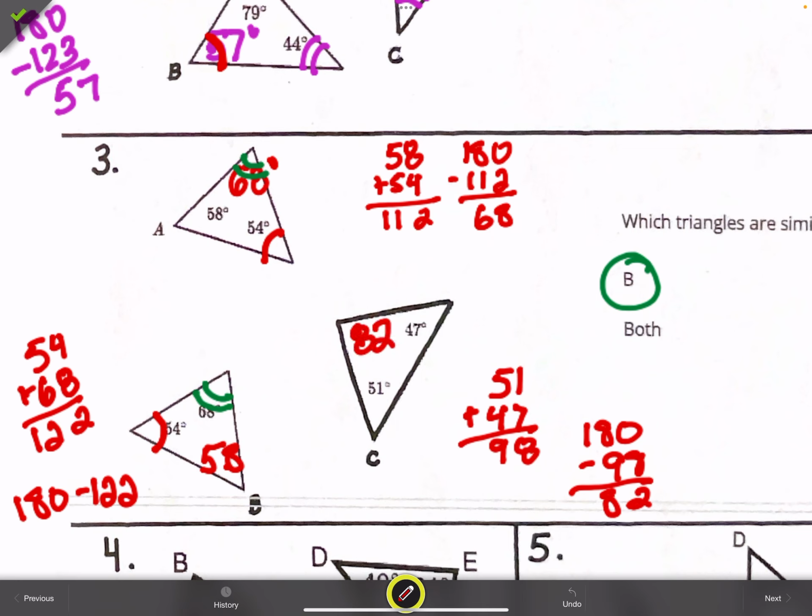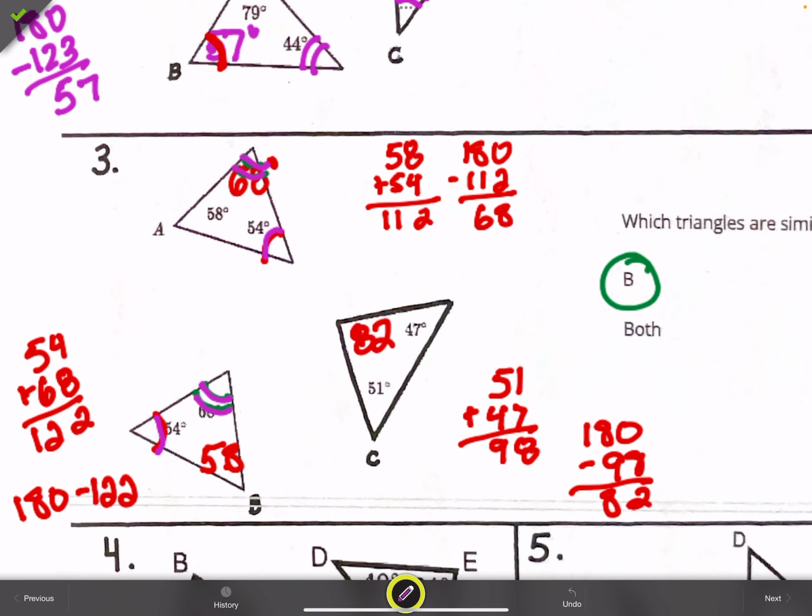Now, looking at this, I do see that I have another pair of congruent angles between A and B. And you should. If you have two, notice you've got the 54 congruent to the 54, the 68 congruent to the 68. Okay. By default, the other pair of angles should be exactly the same.